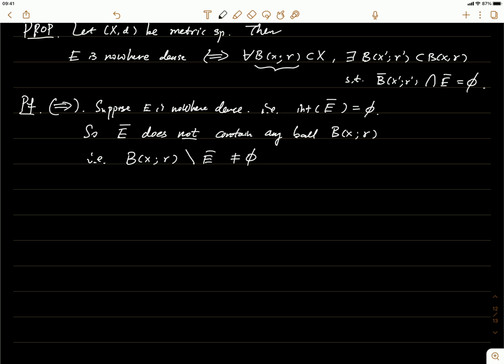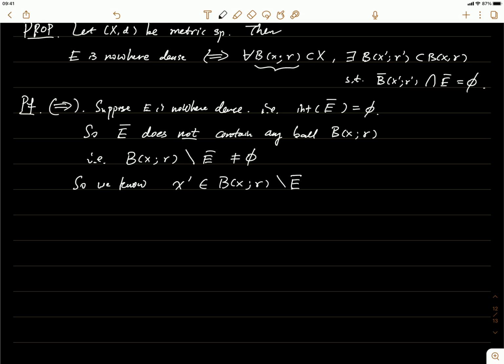And now let's try to construct the conclusion. Okay, how do we do that? Remember that because this is non-empty, I can choose some point, x prime, that is inside this ball, but not inside this.